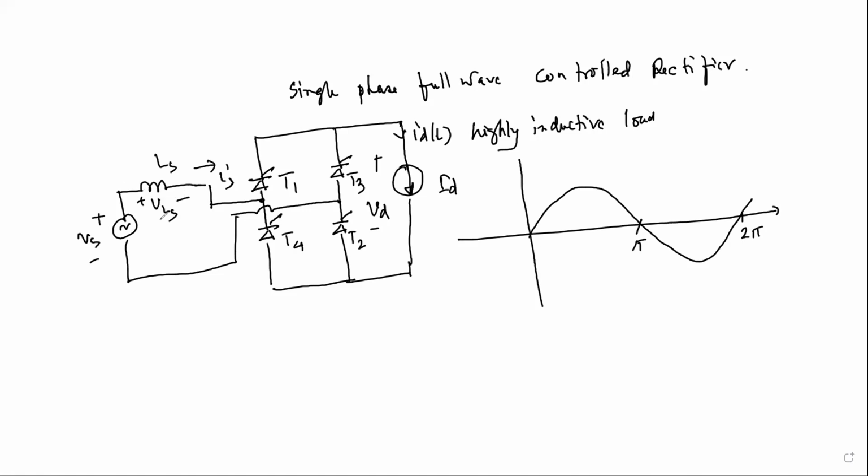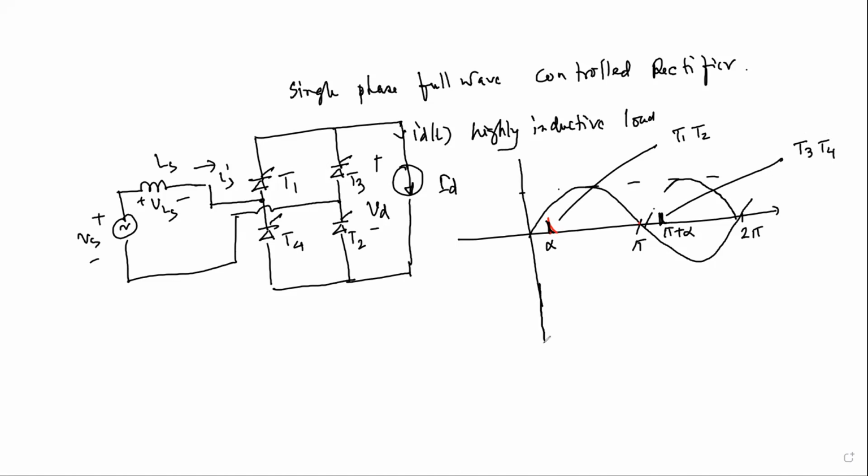So the voltage drop at the inductance is Vs. So if we apply the gate pulse here, this gate pulse will be given to T1 and T2. This gate pulse will be given to T3 and T4. And this is your alpha, this angle should be your pi plus alpha.